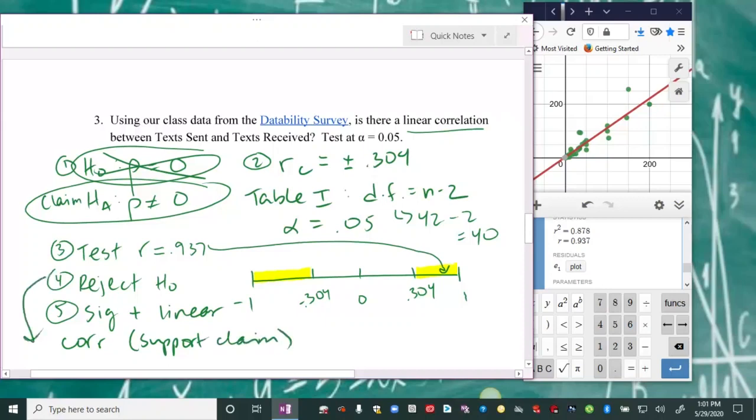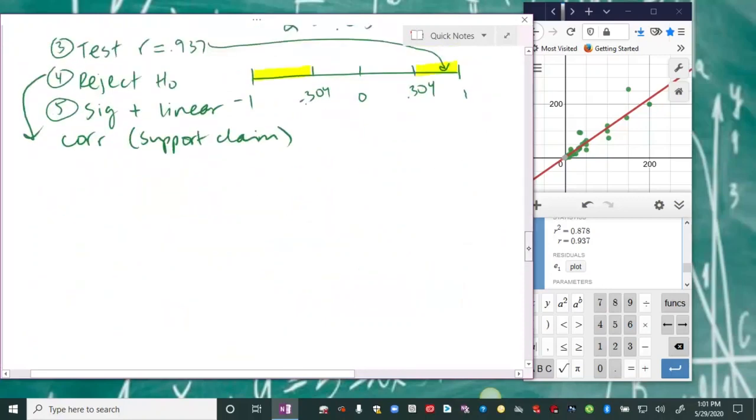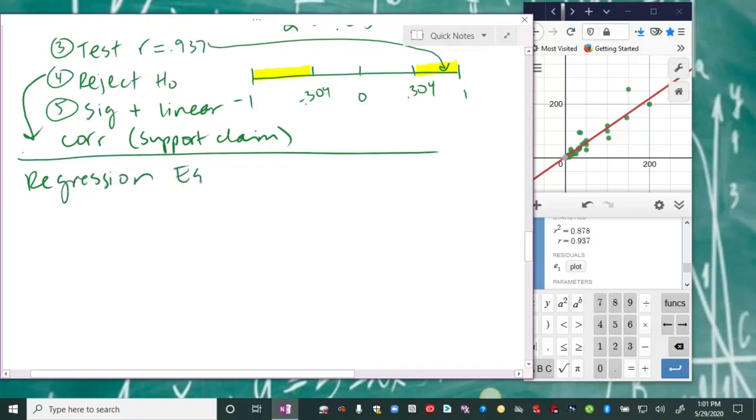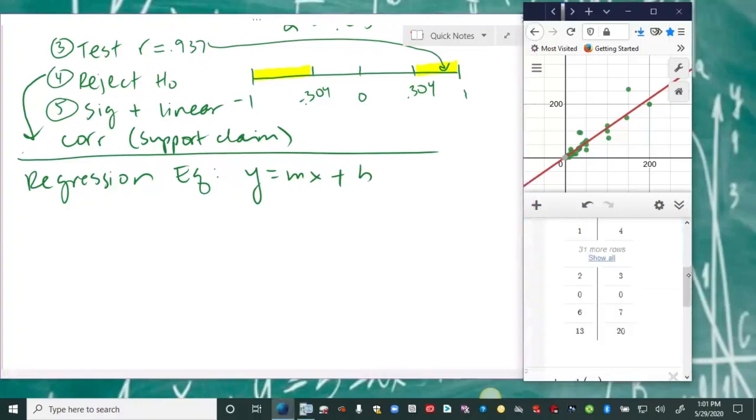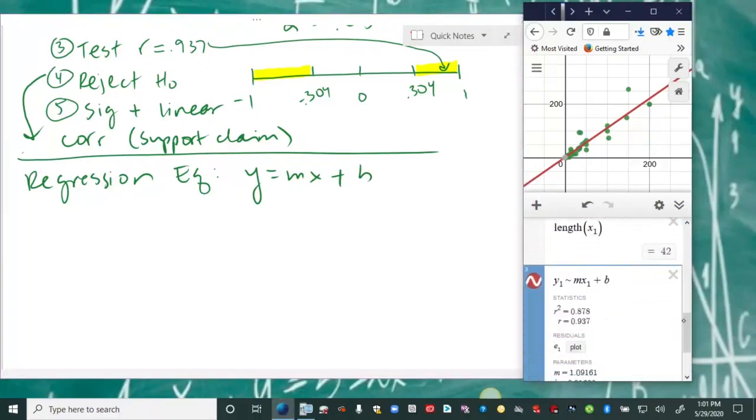Because we rejected, I haven't failed to reject any of these because it's not very exciting. If you fail to reject, you stop here. No regression equation. But because I rejected, I can go on and do my regression equation. This is the model that fits the data. So my regression equation, I have it in the form y equals mx plus b. And I can grab my m and my b values from Desmos.